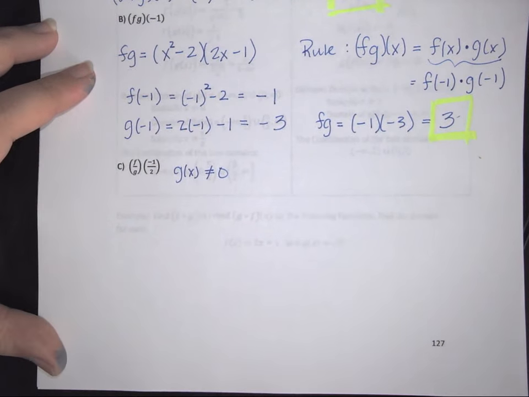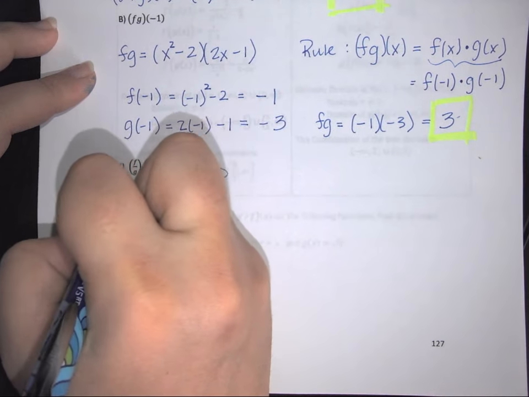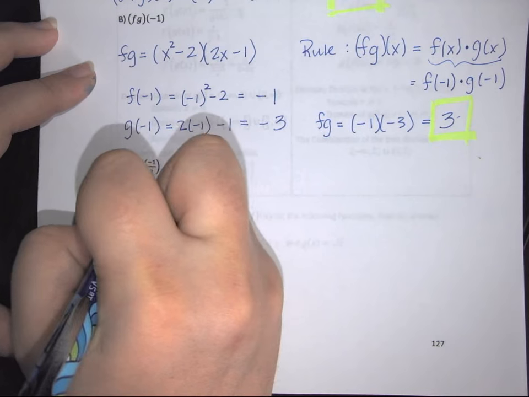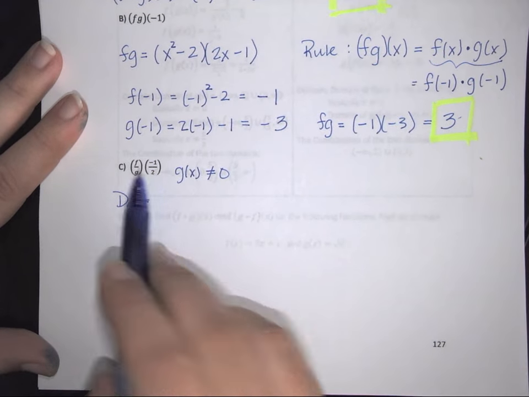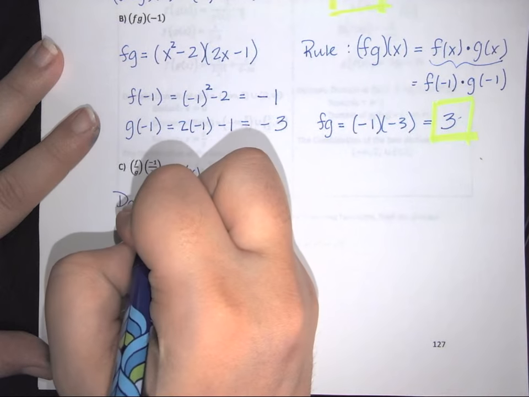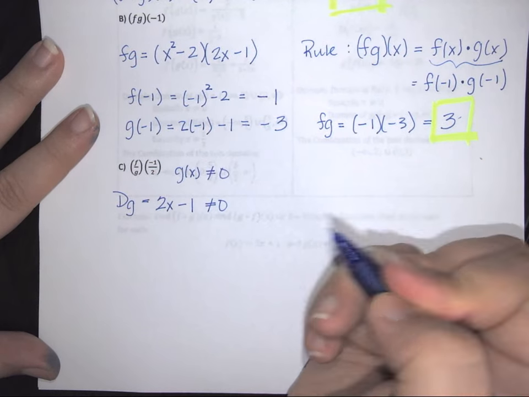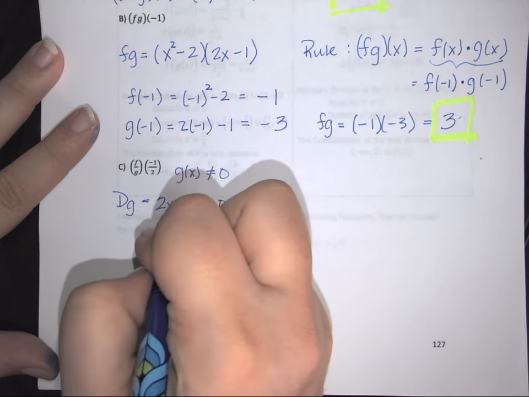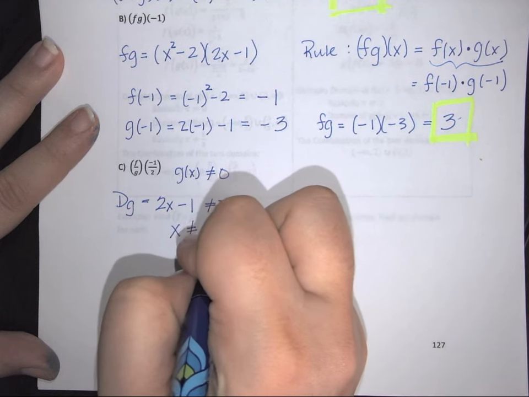So the very first thing you want to do with this one is find your domain of g so that you know if your evaluating part is going to have a problem. Okay? So here g is 2x minus 1, and this cannot be 0. So add 1, divide by 2, x cannot be 1/2.